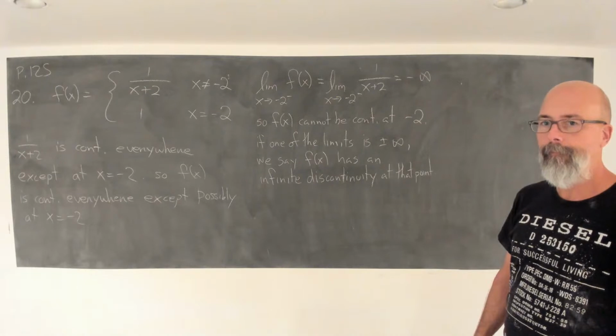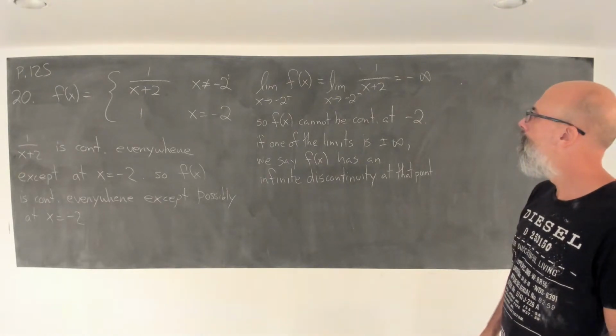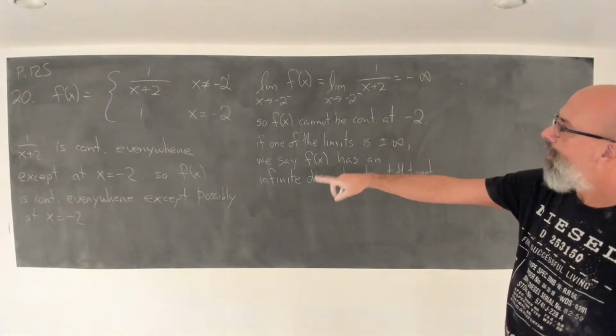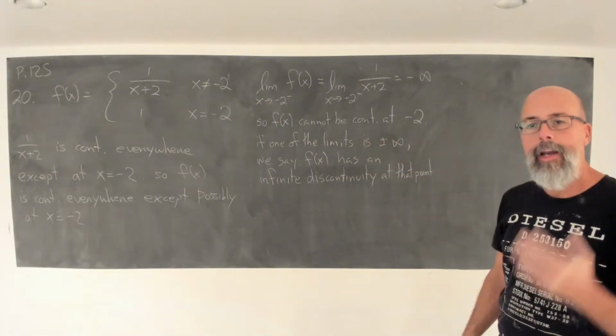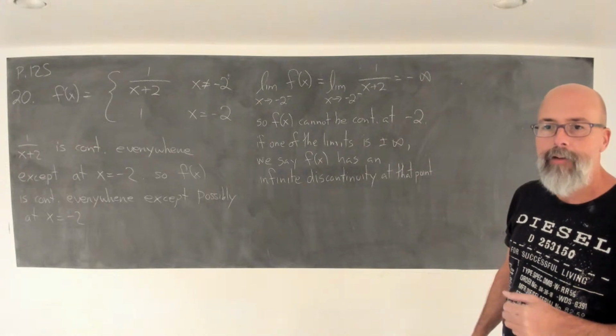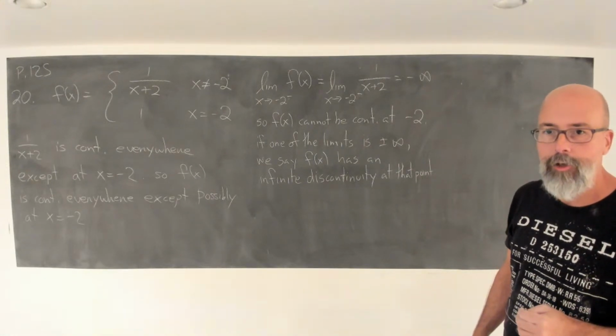All right. So here, the function is continuous everywhere except at -2, and at -2 we have an infinite discontinuity.